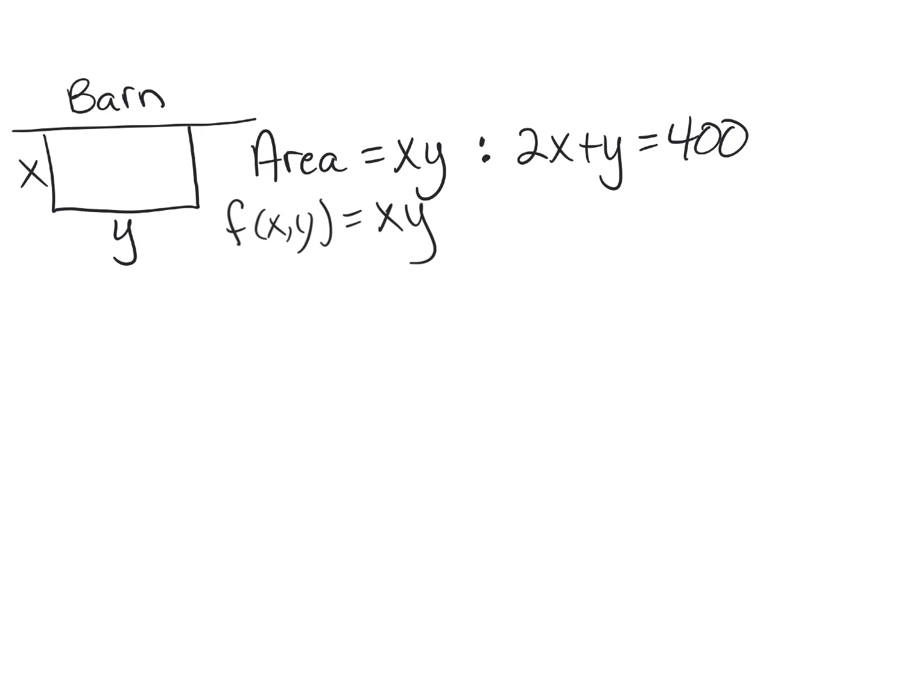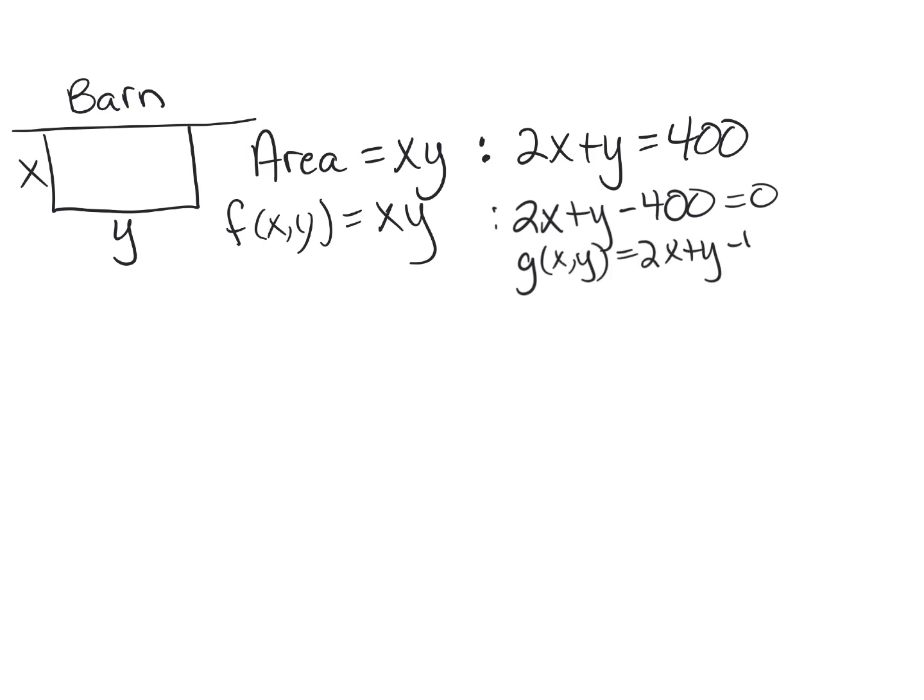We're going to introduce a new function. First thing we have to do is rewrite our constraint so that it equals 0. And this is a new function called g of x y. Seems like a lot, but it's not. It's just the constraint in a different form.